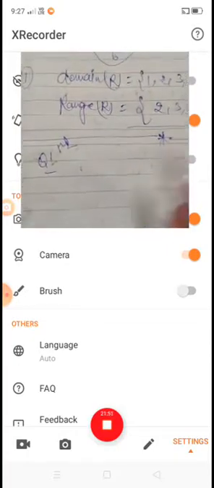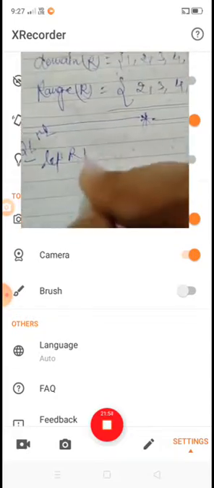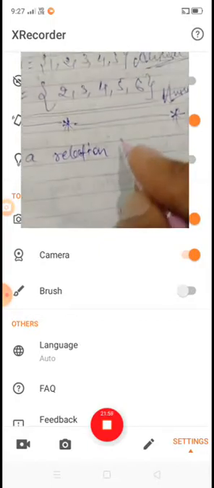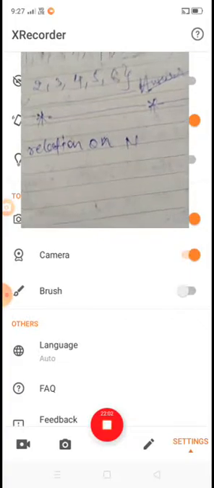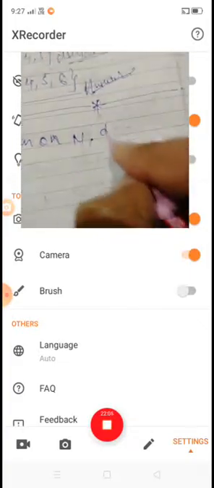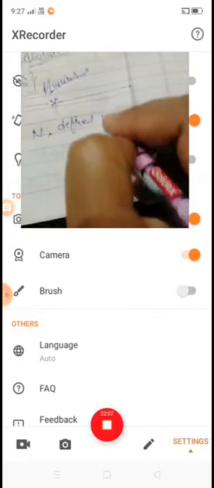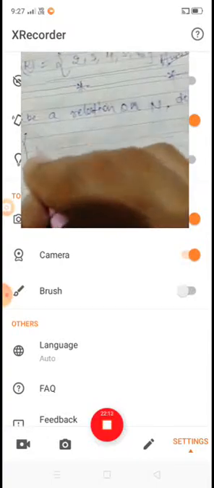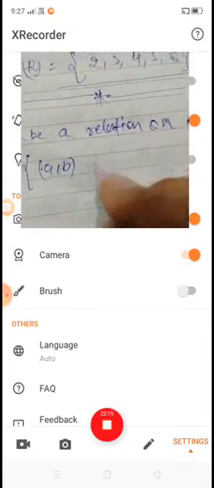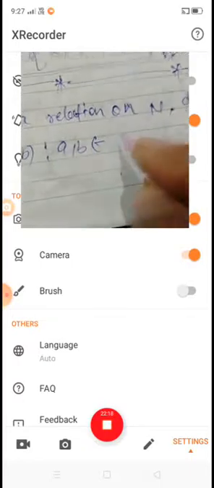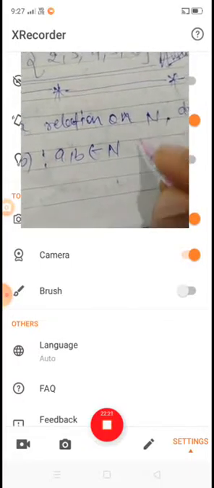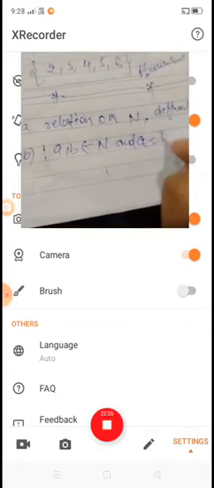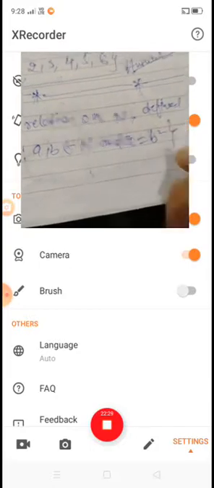Let R be a relation on N defined by R is equal to (A, B), such that A, B belong to natural numbers and A is equal to B square.